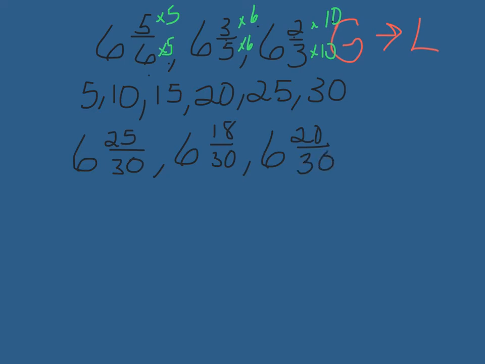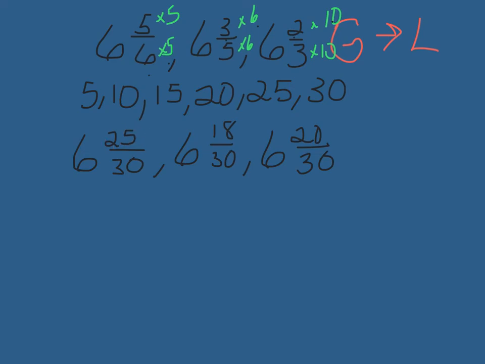So now here's all of my fractions. Now they all have common denominators. Now I just need to compare each of these numerators, since all of my whole numbers are the same. So I have 25, 18, and 20. What is my greatest number here? It would be 25.